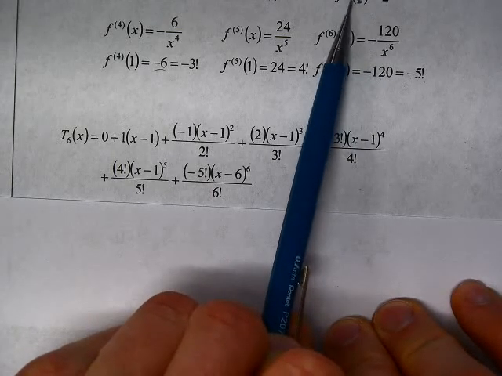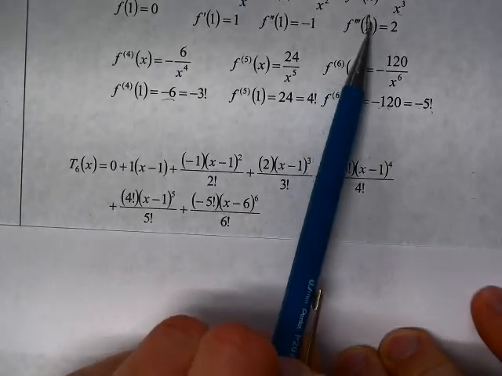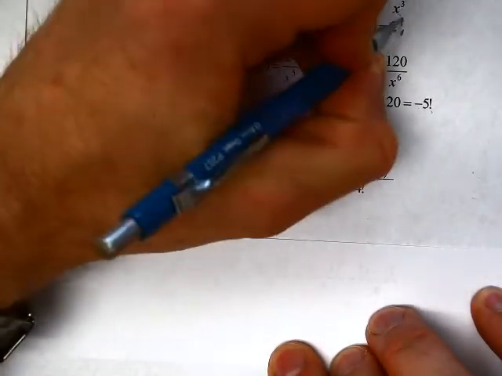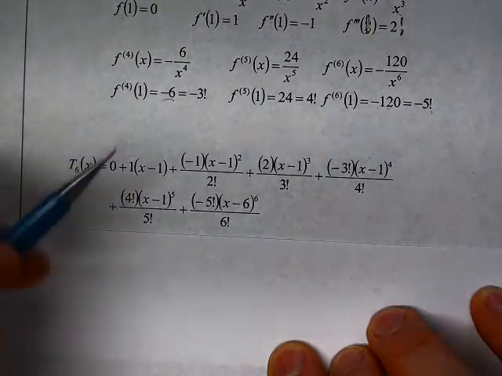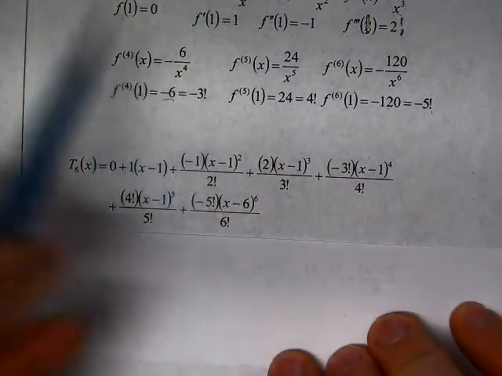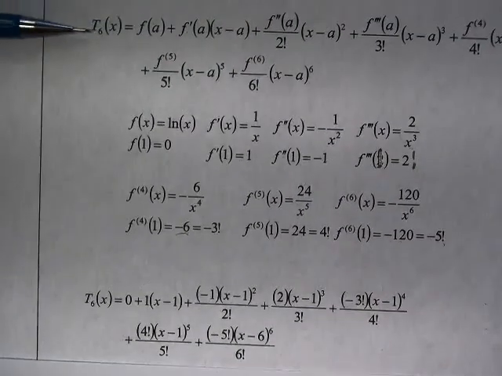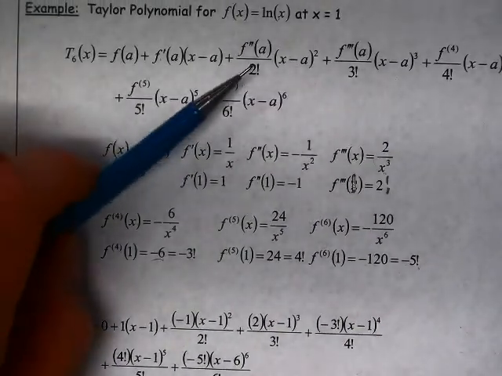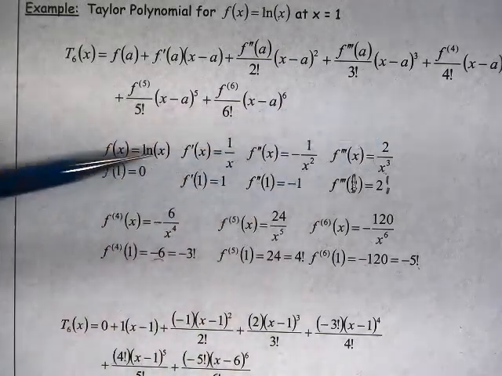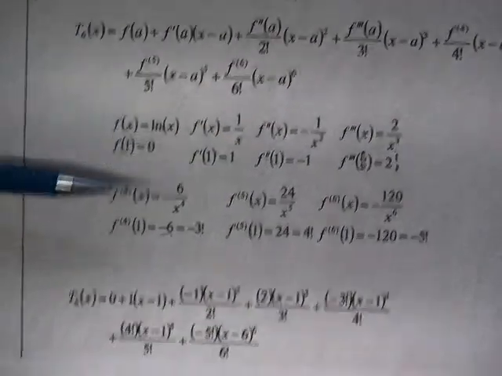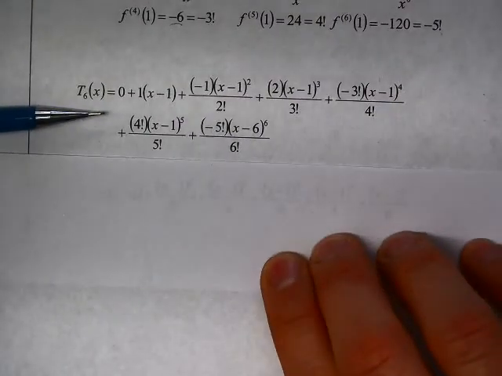This third derivative of f at 1 equals 2. That's also 2 factorial, right? 2 times 1 is still just 2. This is 3 factorial. So whereas with the general Taylor polynomial, we always have the factorials in our denominator, with ln of x, we also get some factorials in our numerator, which are going to cancel out some of those in the denominator.